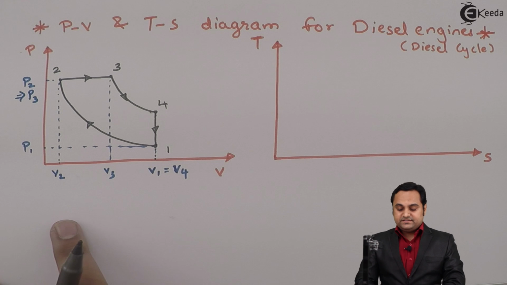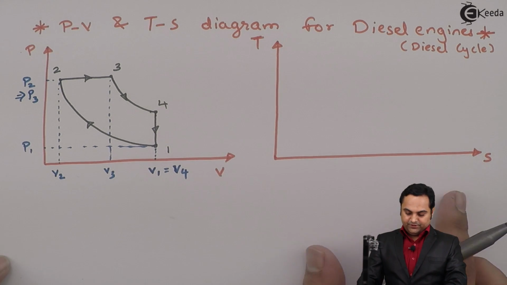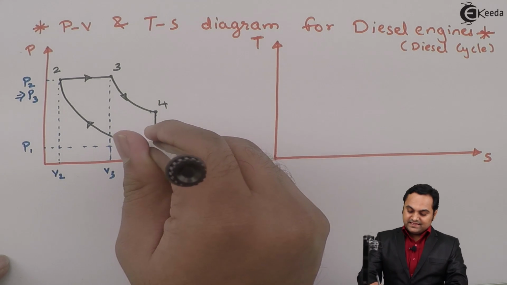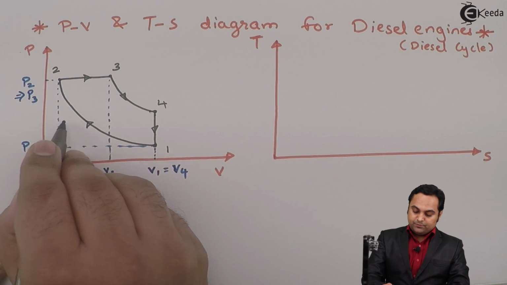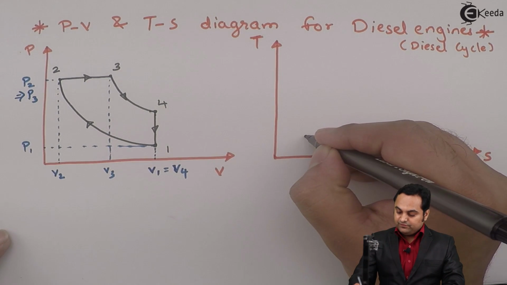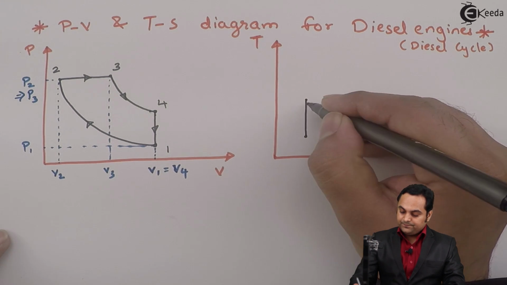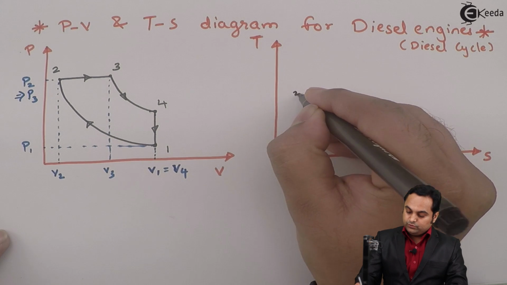Next, this diesel cycle I will even denote onto the TS diagram, temperature entropy. As the first process is isentropic compression, it will be shown on TS diagram with a vertical line from point 1 to 2.